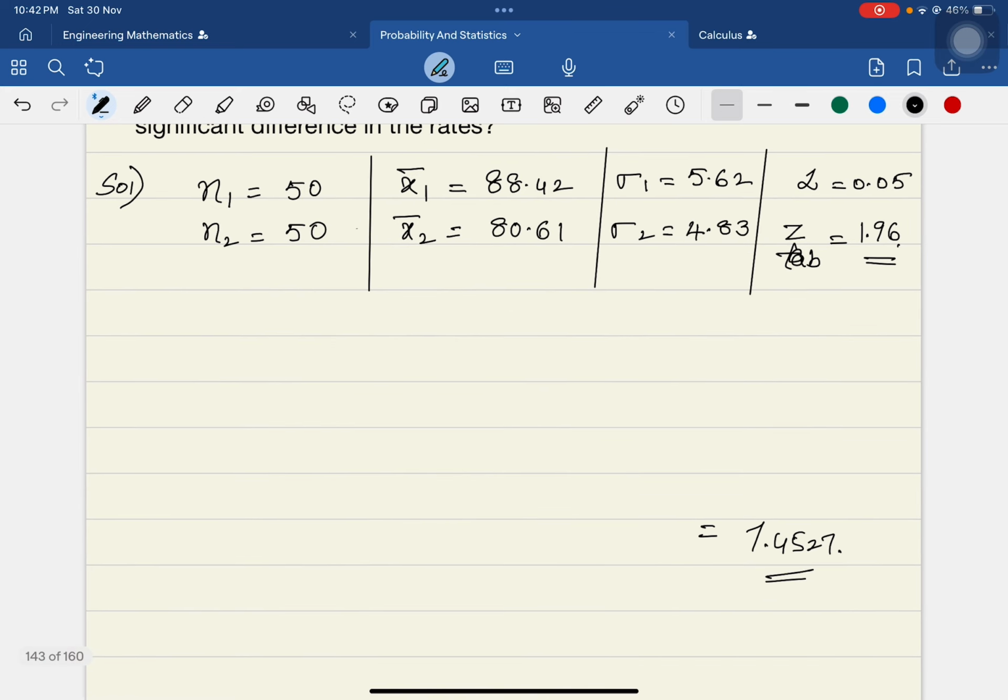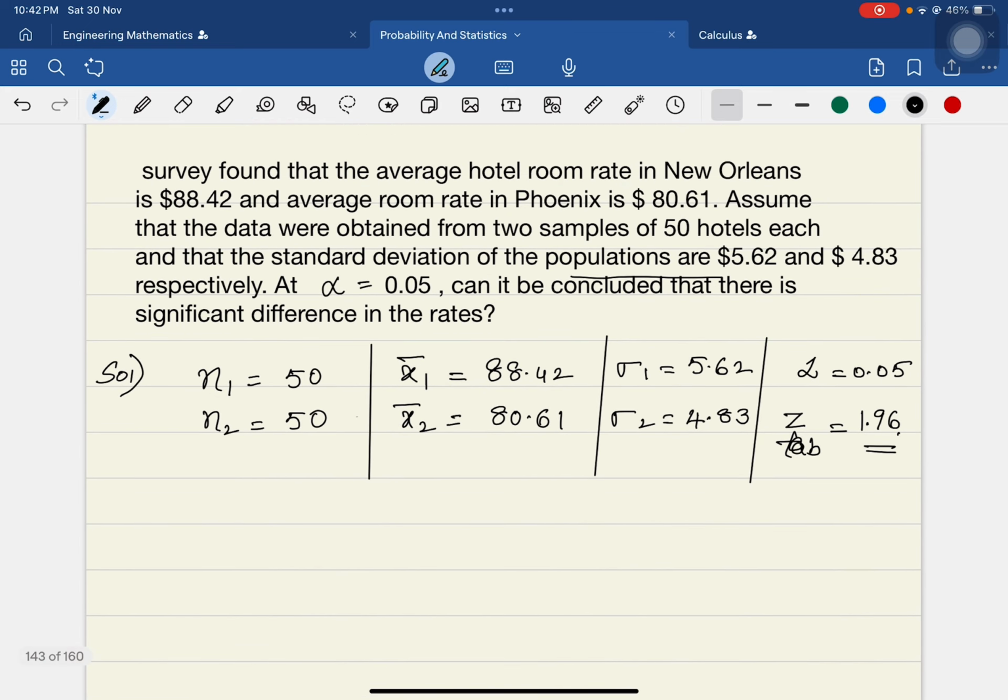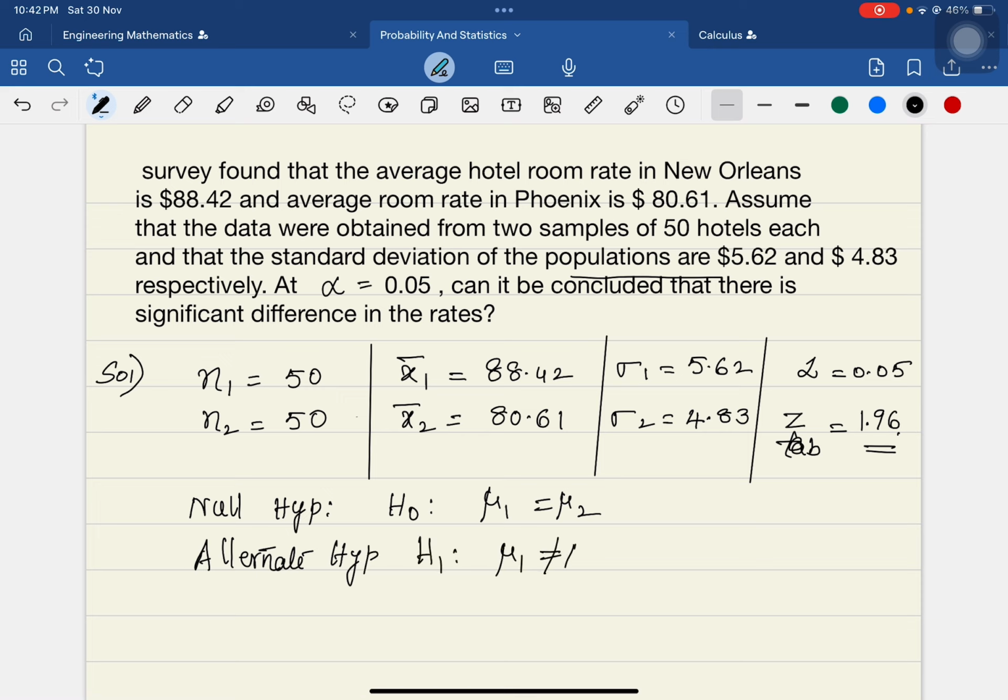Let us now do the calculation. The null hypothesis H naught is mu 1 equal to mu 2, and the alternate hypothesis H1 is mu 1 not equal to mu 2.